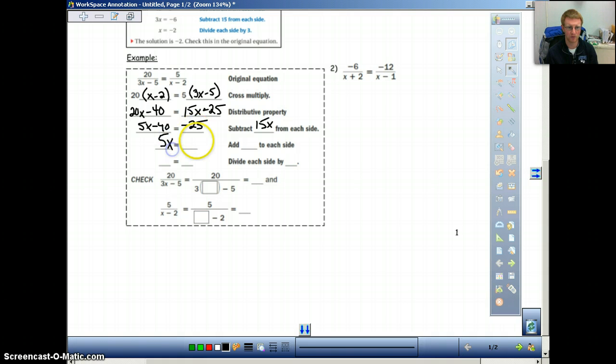We get 5x equals 15, and then we're going to divide each side by 5, and we get x equals 3. And then you can plug these back in to make sure they work. So 20 divided by 4 is 5, and 5 divided by 1 is also 5.